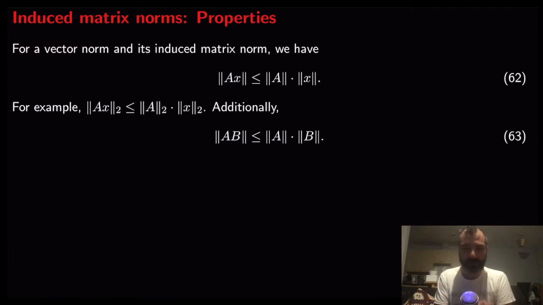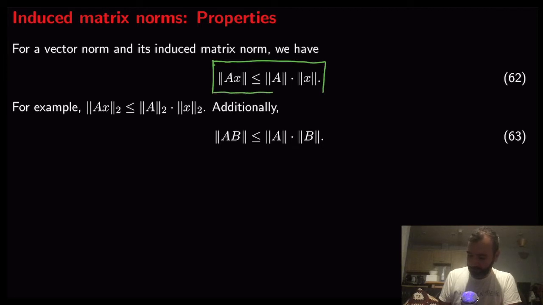If now I have an induced norm, this comes with an advantage. It lends itself to this beautiful inequality. So the norm of Ax, A and x multiplied together inside the norm, is less than or equal to the norm of A times the norm of x. For example, if you use the 2 norm, we know that the 2 norm induces a matrix norm, then the Euclidean norm of Ax is less than or equal to the Euclidean norm of A times the Euclidean norm of x.